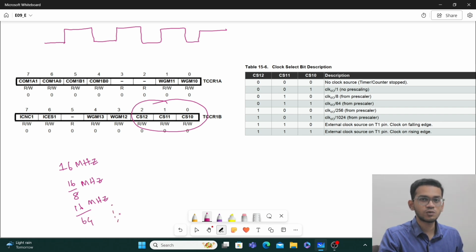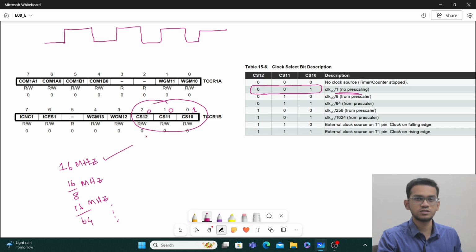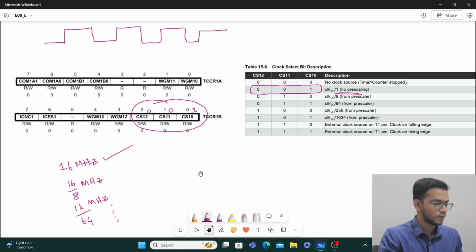So which frequency do I want to operate my clock at? It is always better if my clock frequency is as high as possible for better resolution and other purposes. So I don't want any pre-scaling to happen. That is the reason why I'm choosing no pre-scaling value. So these bits will be 0, 0, and 1. I want no pre-scaling to happen here. I want to retain my 16 megahertz as it is.